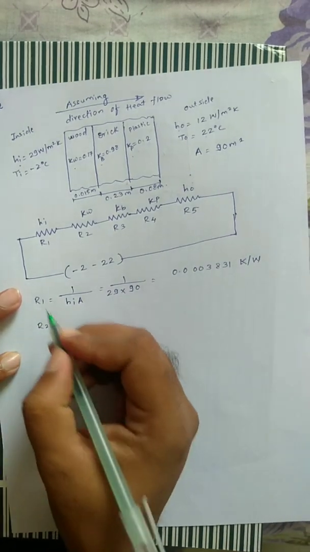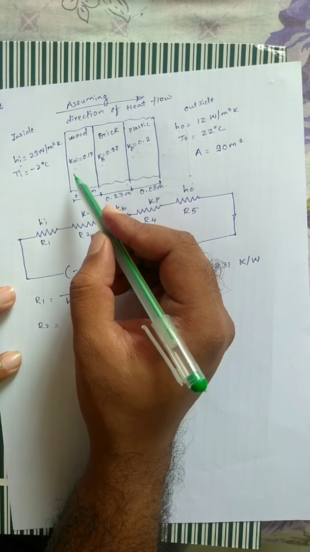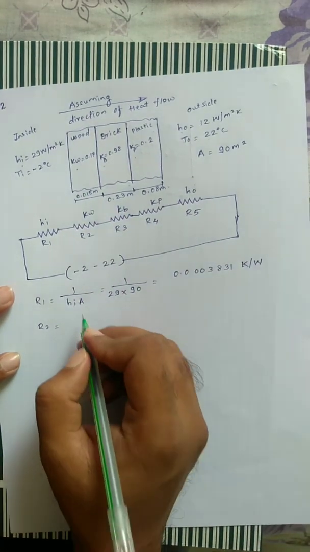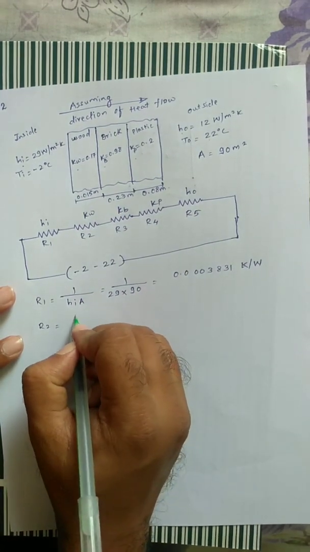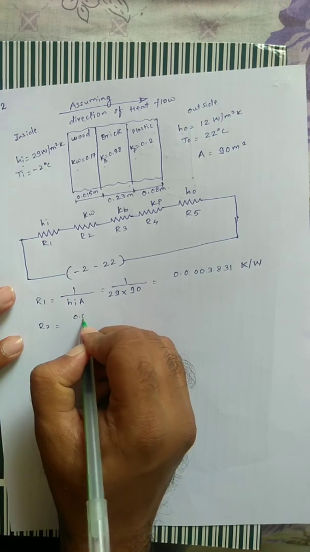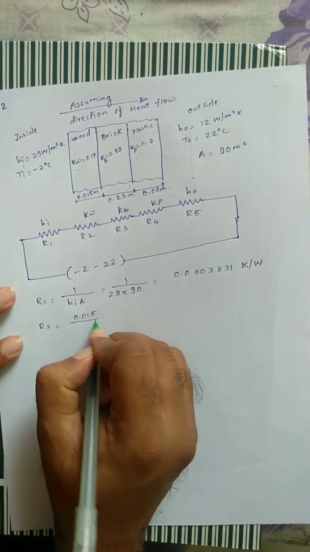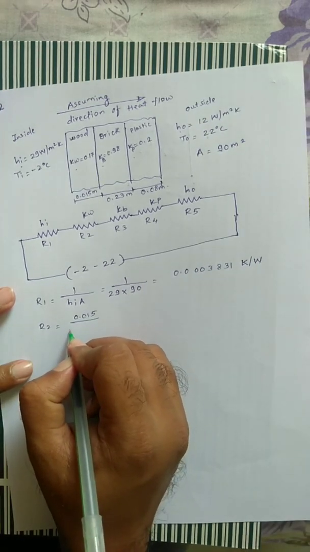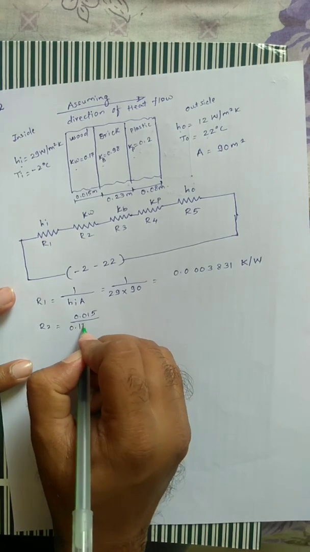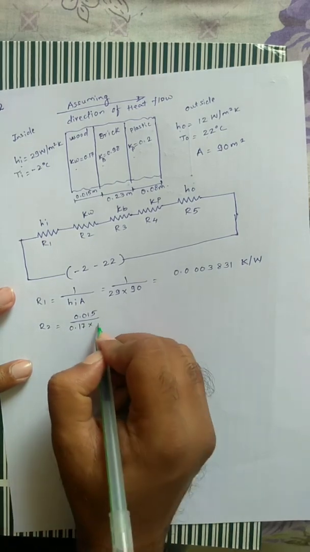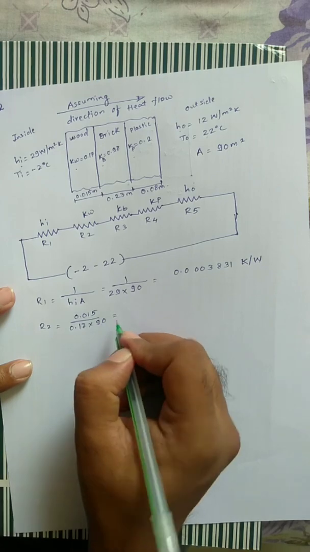Similarly, R2. Here R2 resistance is due to conduction. So R2 will be equal to 0.015, that is the thickness, divided by kW, 0.17, into area, that is 90.